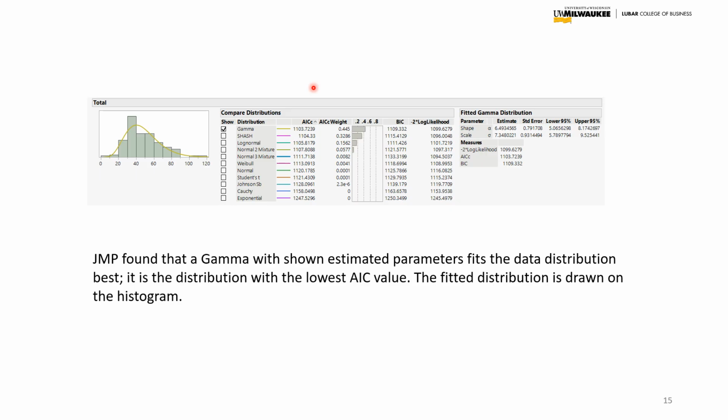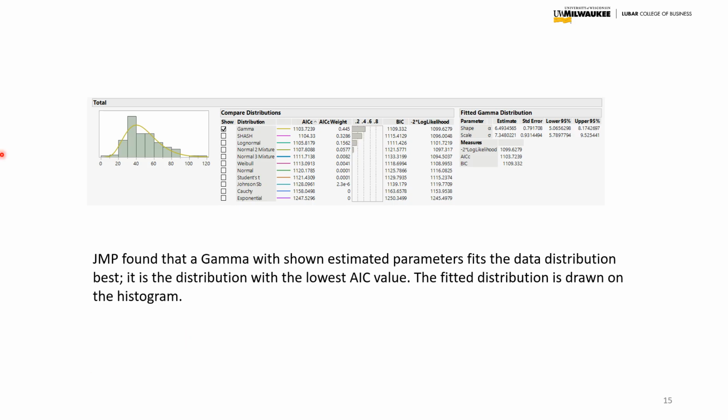And interestingly, you're learning here that AIC is not just used in a regression context, it is used in general for helping the analyst find best fits for the data, in this case, best distribution fits. What JMP reports is that the gamma distribution is the best fit. Actually, if you go down here, you find the normal distribution is several distributions down the list.